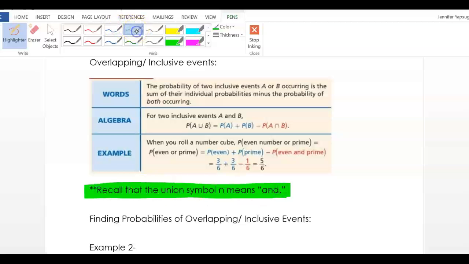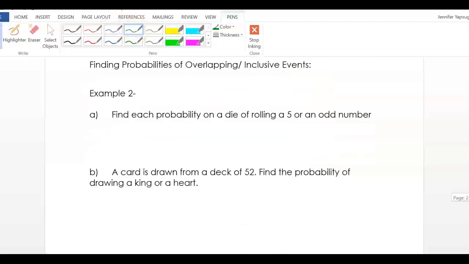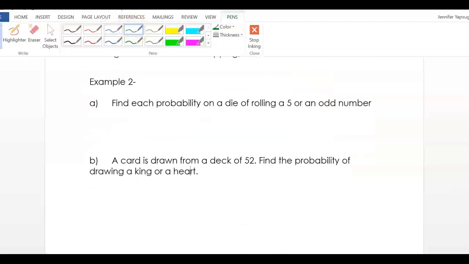All right, so let's take a look at an example. So this makes a little bit more sense in the context of a problem. Okay, so we're asked to find the probability on a die of rolling a 5 or an odd number. So what I find helpful is actually to make my sample space. So I'm going to just draw kind of like a box here that has all the different outcomes on a die.